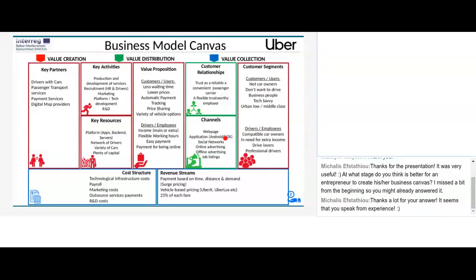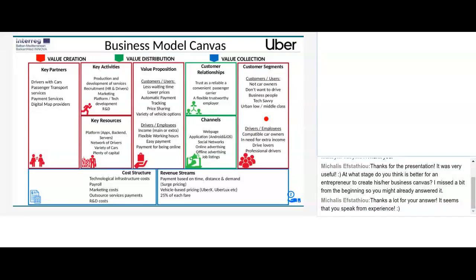The application, Android and iOS, is for both the customers and the employees. The social networks are mainly for the customers to engage with. They also have online advertising and offline advertising. Offline advertising is mainly billboards on busy streets, and the job listings are online channels for drivers or employees.